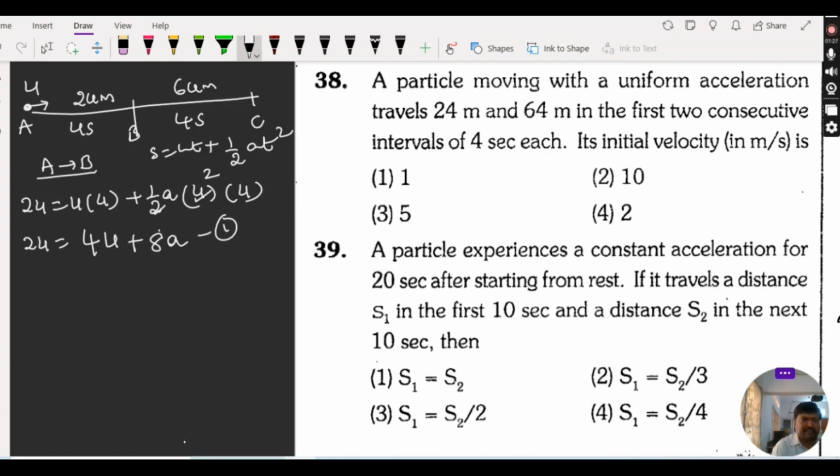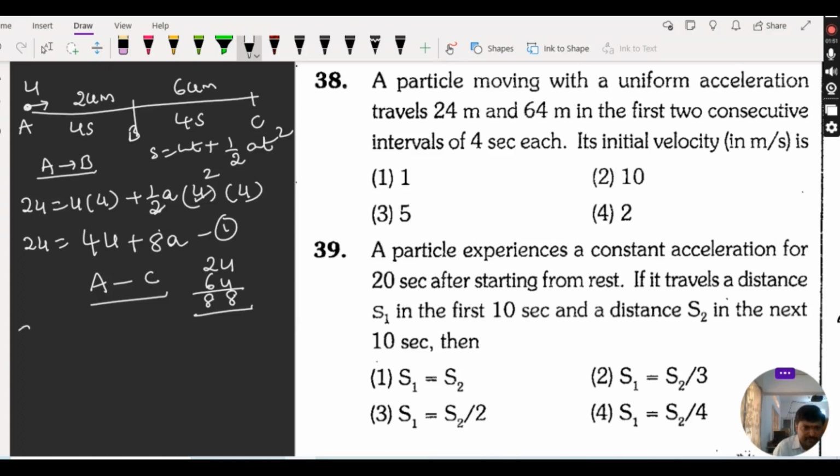This is equation 1. Then here from A to C, time taken is 8 seconds and distance travelled is 24 plus 64, that is 88 meter.